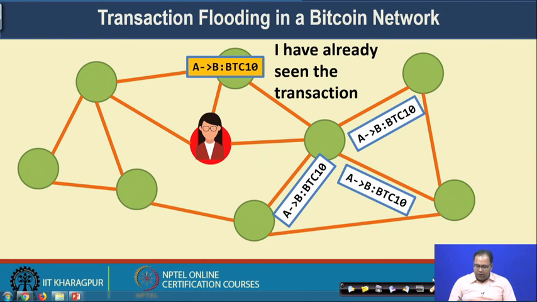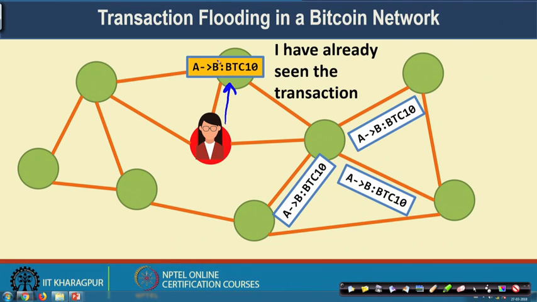For this particular node, it had already received the transaction directly from Alice, so it had already observed this transaction. Every node also maintains a list of past transactions that it has observed and flooded. So if it receives any duplicate transaction, it does not flood it a second time.